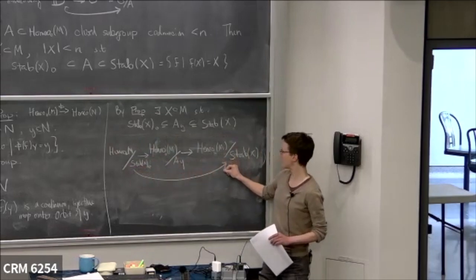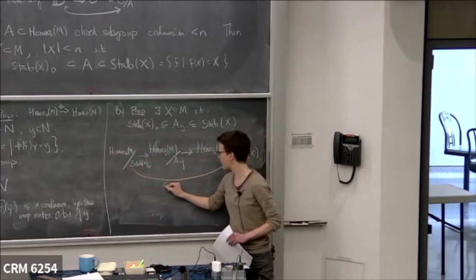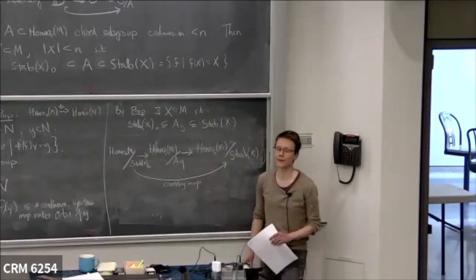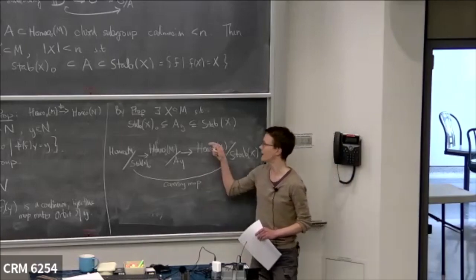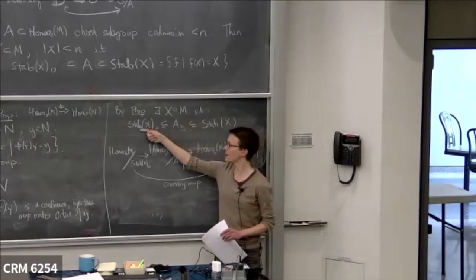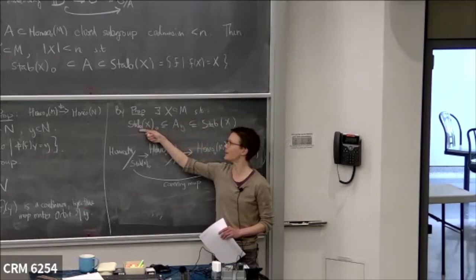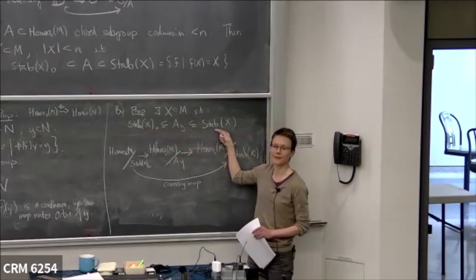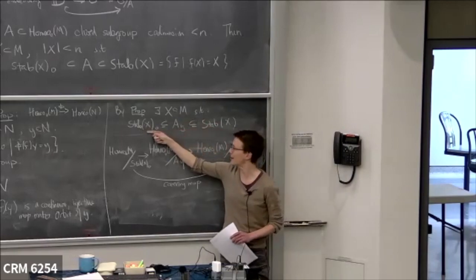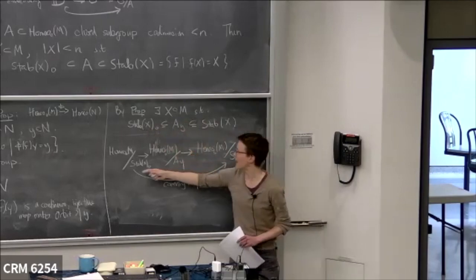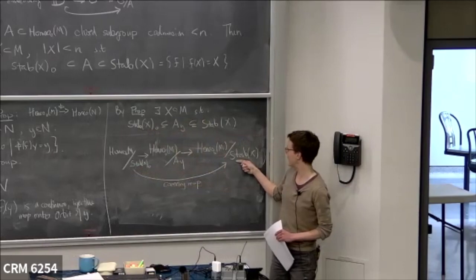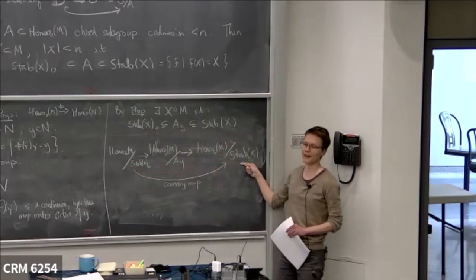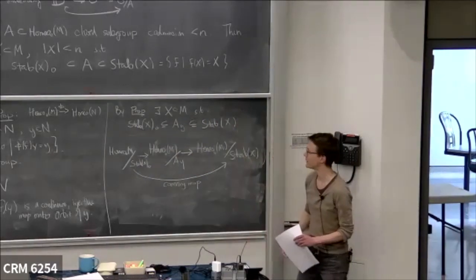This composition here is a covering map. I want you to believe this, and I'm not going to do all the details, because it's a slightly annoying thing to say that the setwise stabilizer of a point and its identity component behave nicely. But if you think of Lie groups, quotienting out by the identity component of a nice topological group gives you a covering map in this sense. The fibers will be discrete.